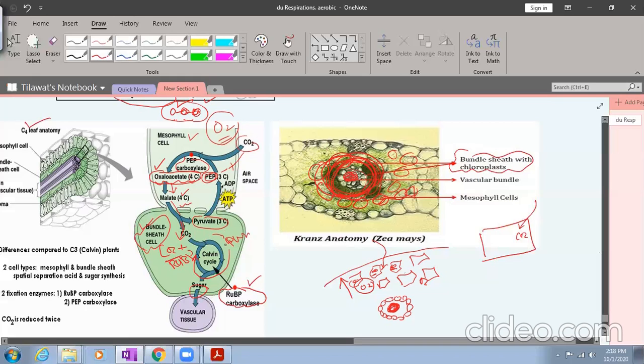And another adaptation in this plant is they have the enzyme called PEP carboxylase, phosphoenol pyruvate carboxylase.